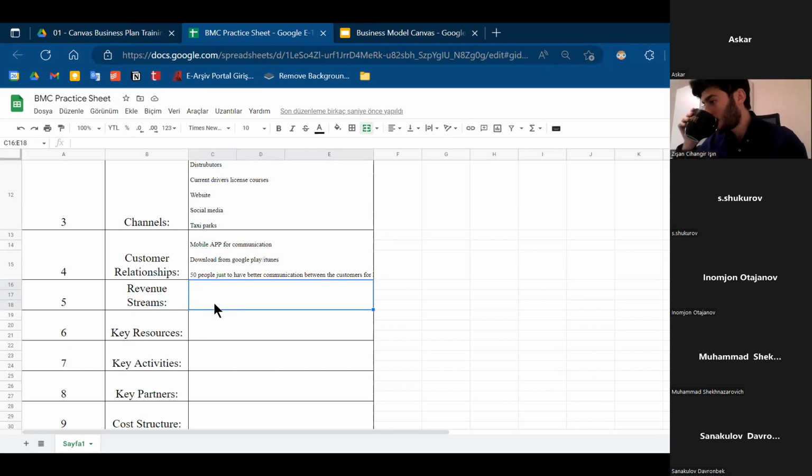Yeah, okay. Now we have 3 kinds of revenue. The first and foremost is a one-time payment by our students to get courses.